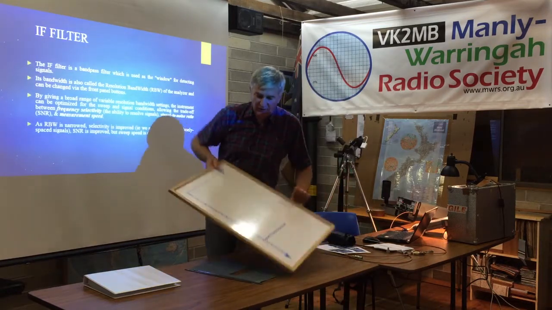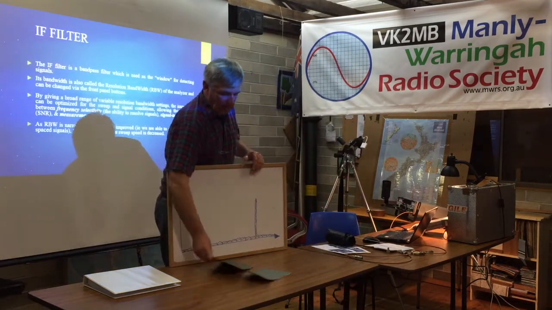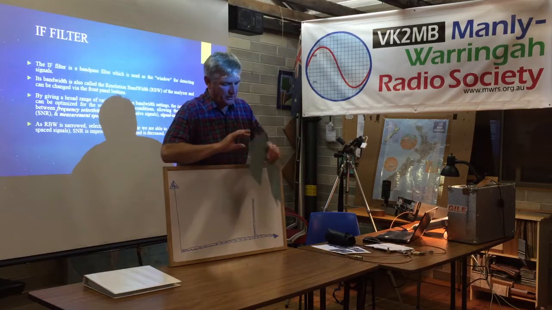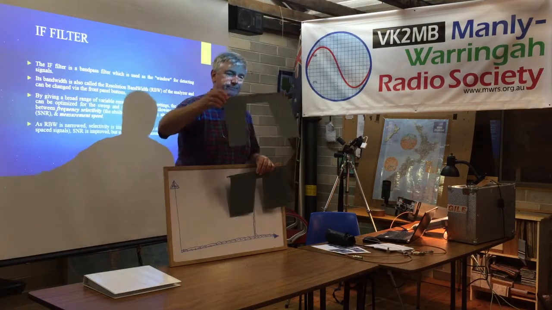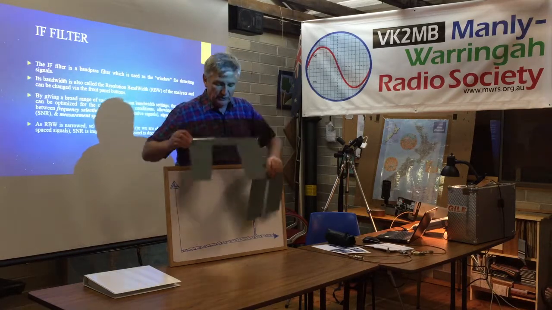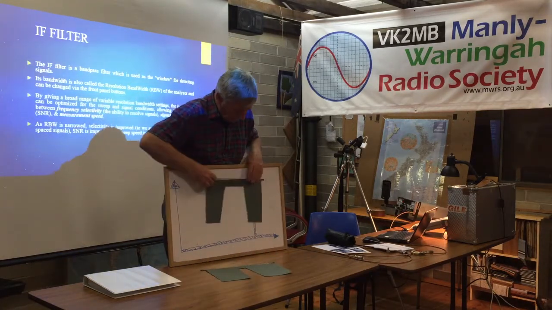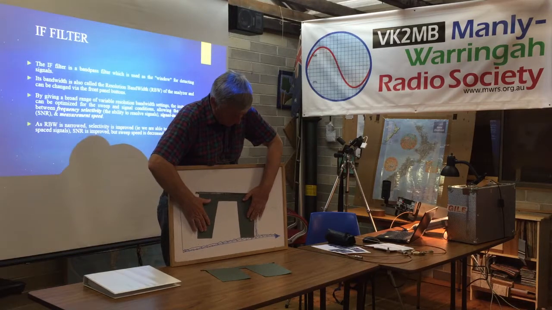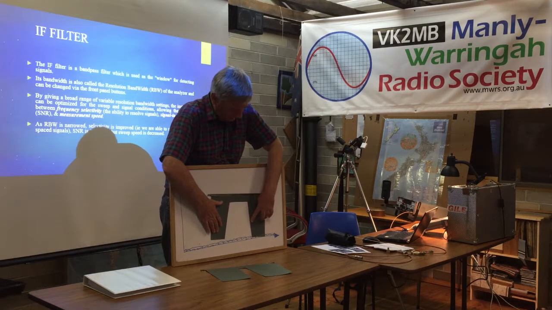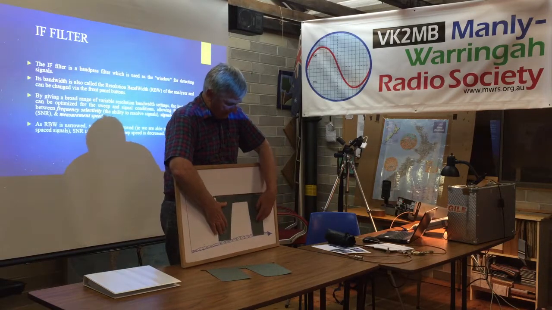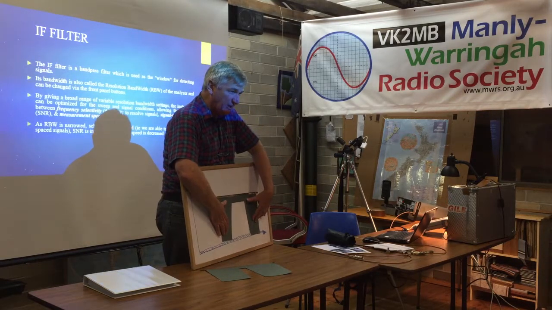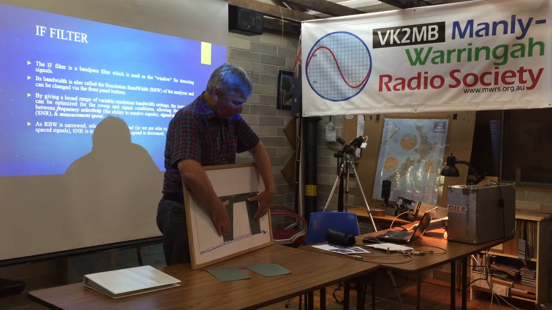So let's have another look at that one. There's a signal we want to have a look at, and for the purpose of this demonstration, we've got two bandwidth filters. There's Patrick's CW, and there's Roger's AM filter. As the thing's sweeping across, and there is a signal here, as it starts getting into it, we've got a wee little bit of the signal coming through. Not much. And as it goes on, there's more and more signal.